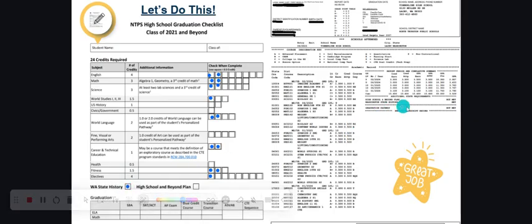And then we're going to go up to graduation pathway, and we see that it says not met, which means that this student either did not take or did not pass one or more of the sections in the SBA. So they can either retake that their 11th grade year, or they can take another standardized test like the SATs or ACTs. AP exams also count.